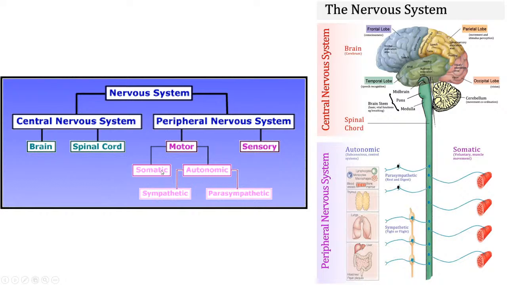We can consciously do that. And then the motor division also has an autonomic branch, and it's going to affect the internal organs. It's going to affect cardiac muscle, smooth muscle, and glands. We're not consciously aware of it. We can't consciously control it. But there is a sympathetic division, which is fight or flight, and a parasympathetic division, which is rest and digest.